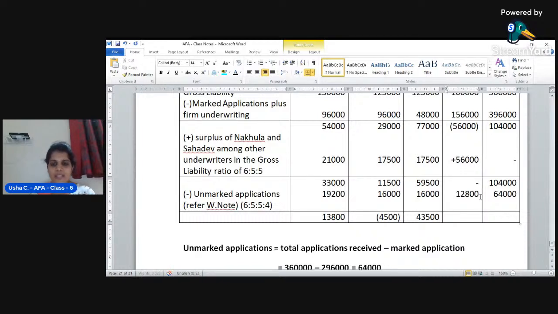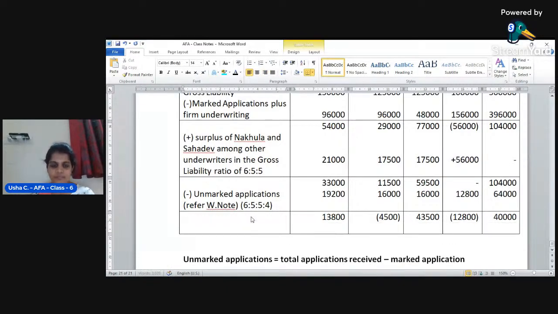Then it is 0 minus 12,800, which means minus 12,800. So the total difference is 40,000. Now there are two underwriters with surplus.